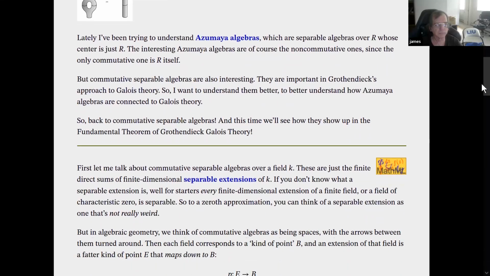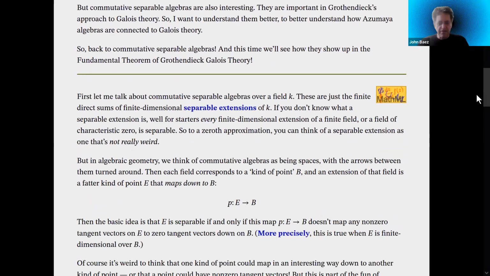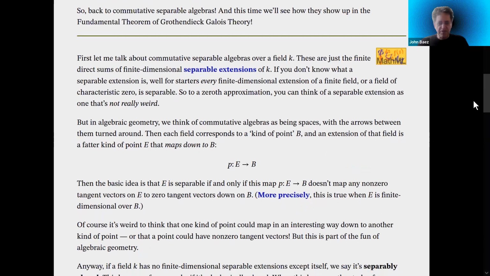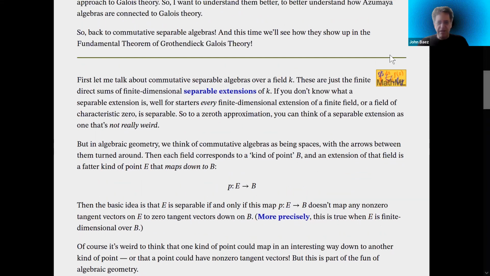Then there's another thing that people tell me, which I don't fully understand, but which I really like, which is a more geometrical way of thinking about separable field extensions. If you have a field extension of another field, you can think of it as something sort of like a covering space.